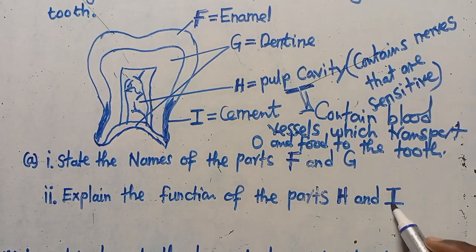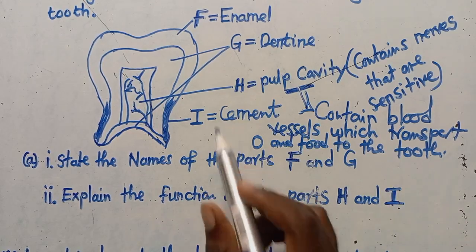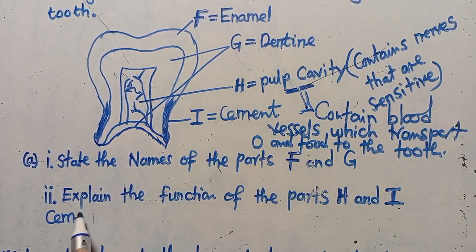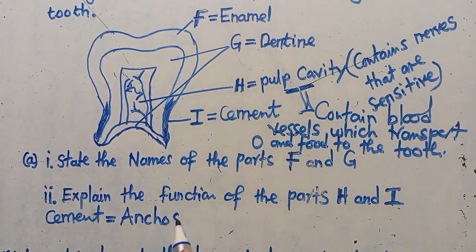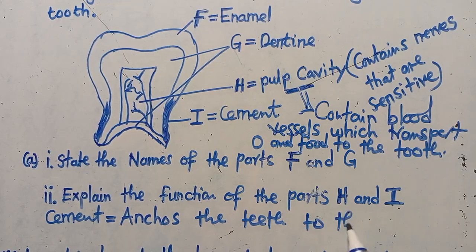Let us now move to I. What is I? We know that I is the cement. I think you even know the function of the cement. Even some guesswork can work on this. The function of the cement is that it just anchors the teeth to the jaws.